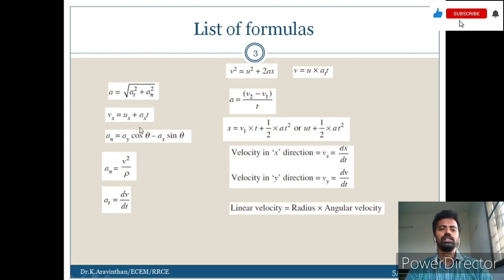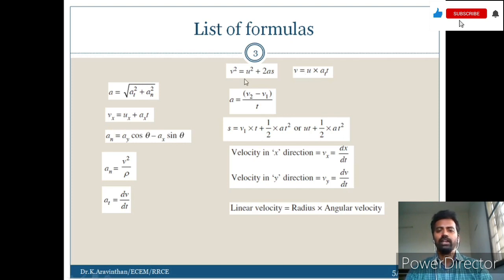In addition to this, these are the formulas. Generally you have to know v square, where v is the velocity at any point of time and u is the initial velocity, the velocity at the origin, and 2as, where a is acceleration and s is distance.